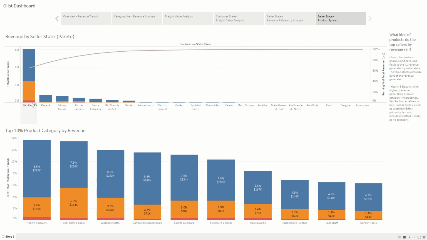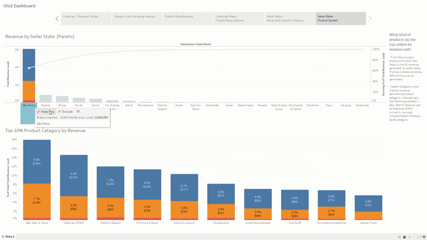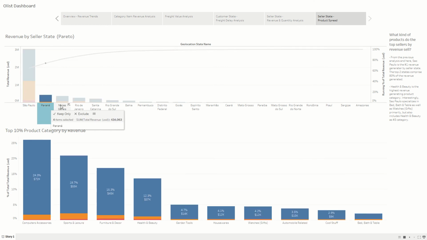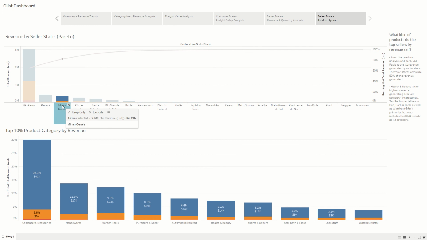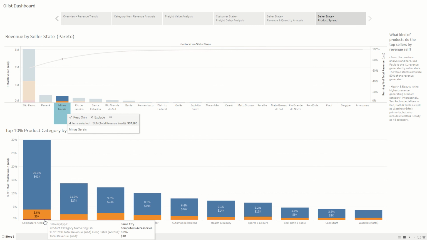Let's zoom in, for example, for Sao Paulo, or let's see another state. You can tell from here that even for Minas Gerais, there are very few same state deliveries. I think I observed that throughout most of the states.